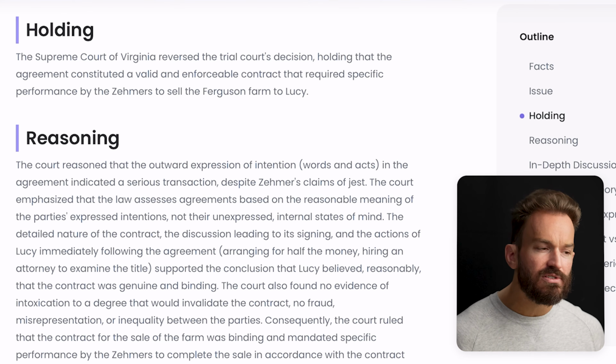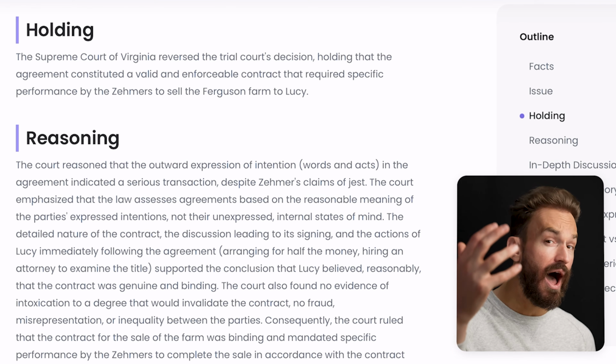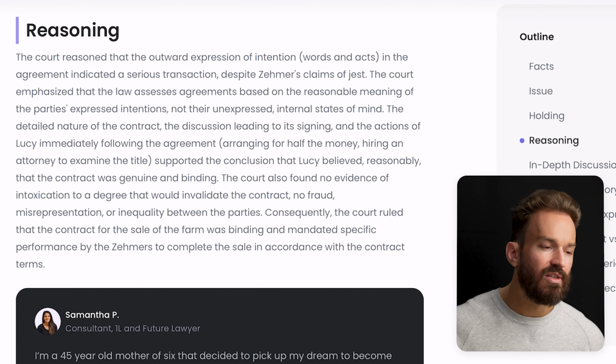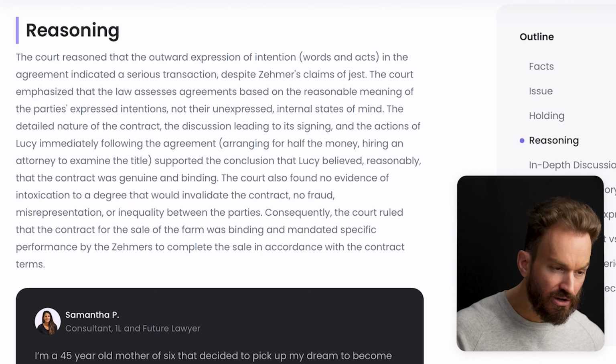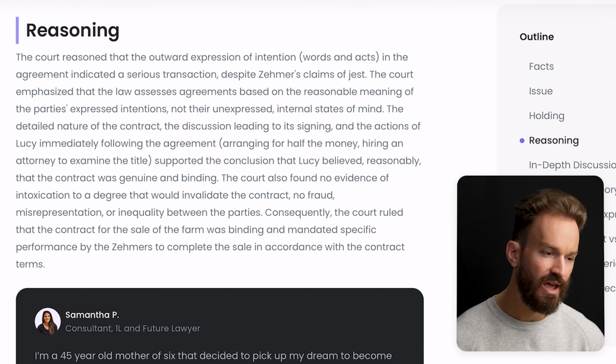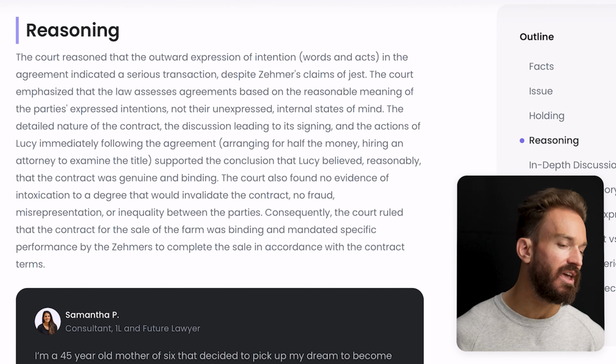So how does the Supreme Court of Virginia arrive at this decision? Well, the court reasoned that the outward expression of intention in the agreement indicated a serious transaction despite Zehmer's claims of jest.